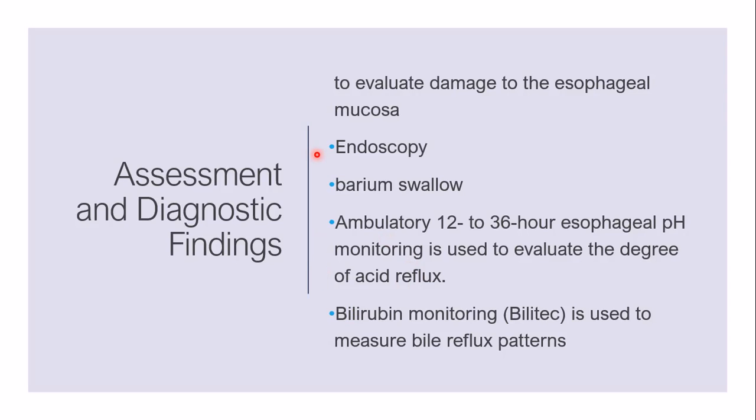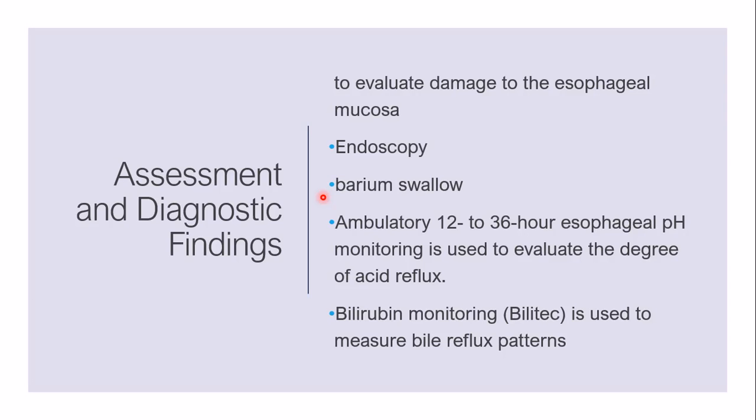So usually whatever happens in our upper GI system, we go for an endoscopy, and whatever happens in our lower GI system, in diagnostics we'll be doing a colonoscopy. Okay, so here we might be asking the patient to swallow barium, and then we'll just take a radiographic picture of it, so we can see how the barium is going and where it is getting stuck, and the movement, and we can see where the actual problem is.